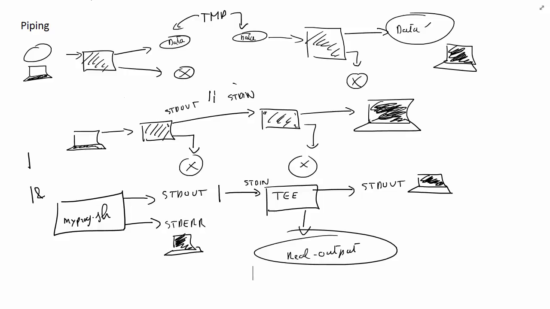What happened, and I'm going to use a different color to mark the difference, is that when we did the ampersand here, pipe ampersand instead of just pipe, my file descriptor number 2 got redirected to point to the pipeline as well. So instead of having myprog.sh display its message on the screen, both messages went through the pipeline. So both messages ended up in the file, here the log file, and both messages ended up displayed on the screen, but this time by T.